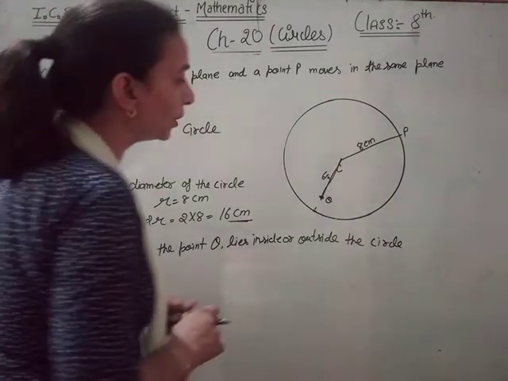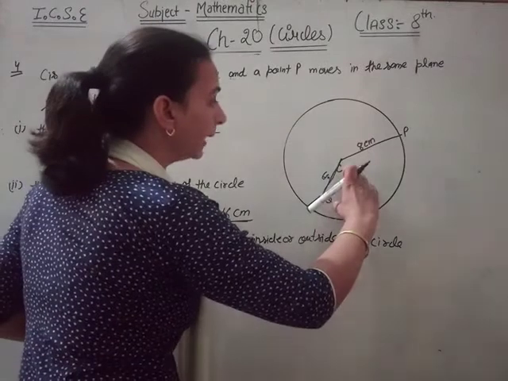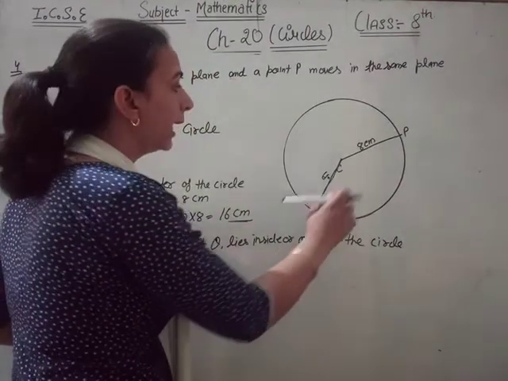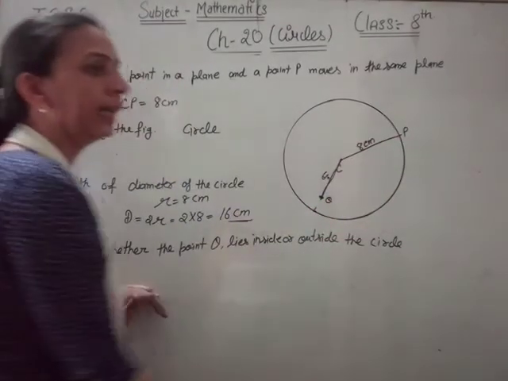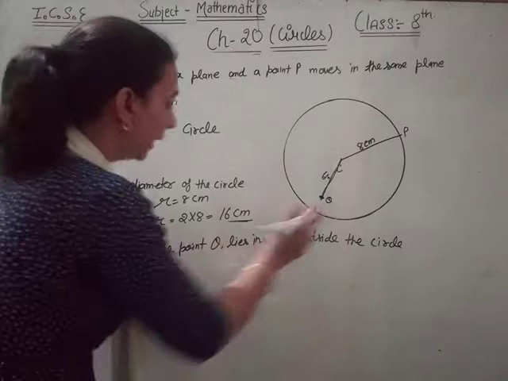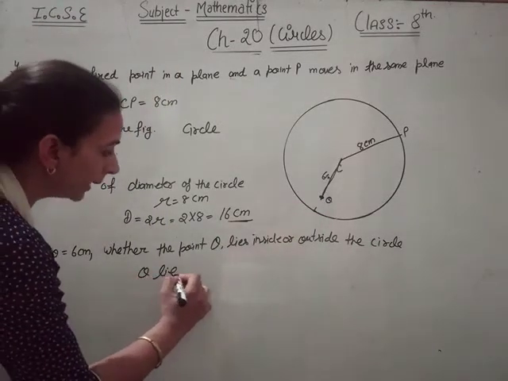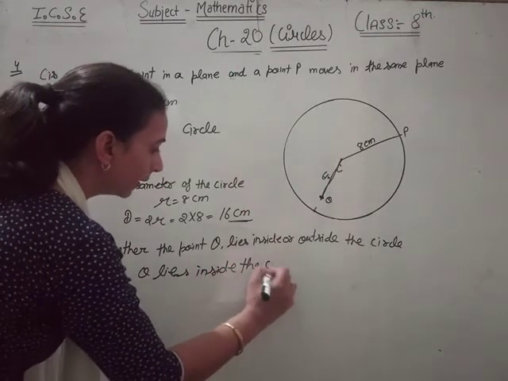Student, if this length is less than the radius, then that point lies inside the circle. If this length is greater than the radius, then that point lies outside the circle. So we write Q lies inside the circle.